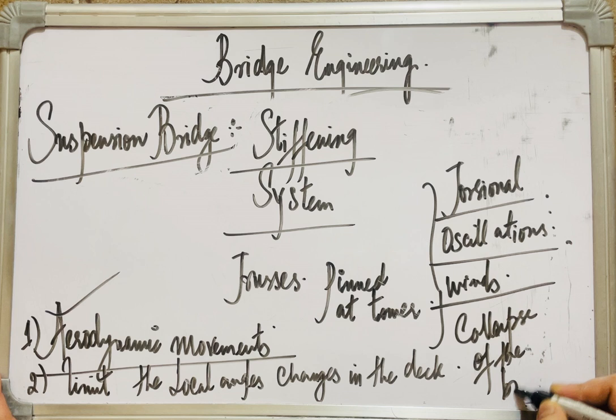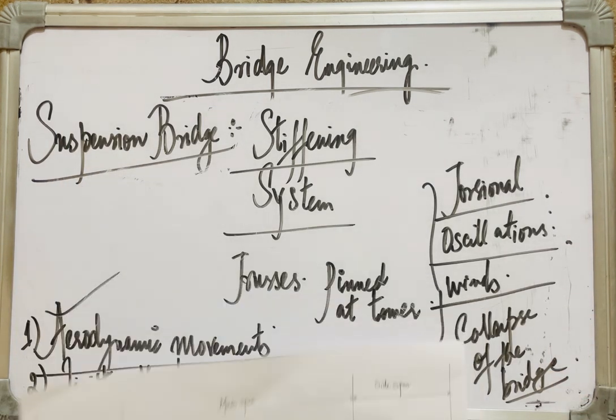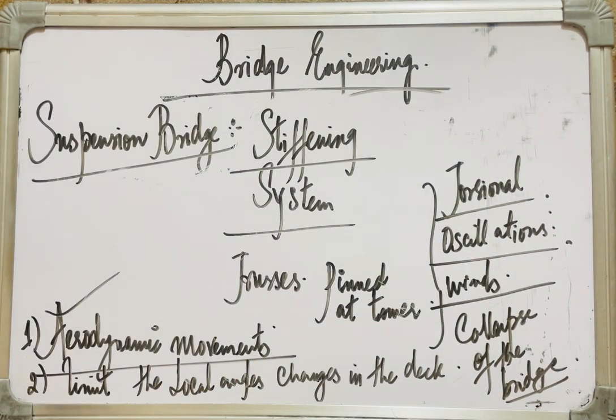All right, so this forms the essential component of the suspension bridge, the deck and the stiffening system or the stiffening girder, wherein the stiffening system consists of the trusses which are pinned at the towers, and their role is that, firstly, they control the aerodynamic moments, and in addition to that, they also limit the local angle changes in the deck. If the stiffening system in case of a suspension bridge is not adequate, the torsional oscillations due to winds might cause the collapse of the bridge.